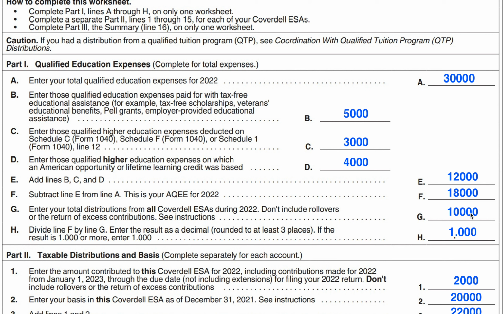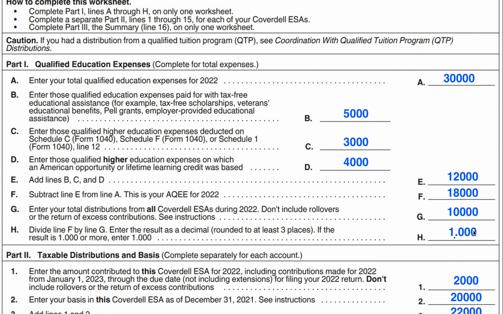But in a normal scenario, if this number is smaller than this, you would divide line F by line G, and if you get a number bigger than 1, then you round it down to 1.00. So this basically means that all of our qualified education expenses exceeded the amount of our distributions.